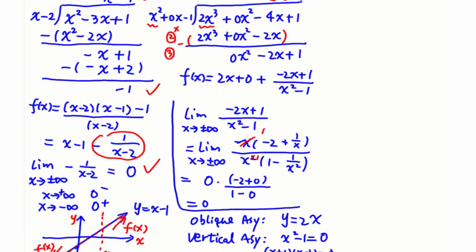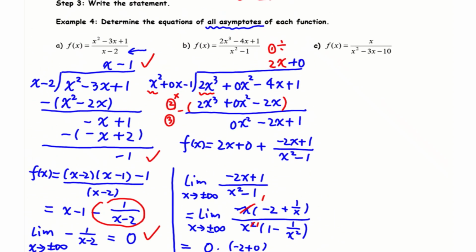Then we are going to see the last one. For the last one, before we do the long division, we look at the degree. The numerator degree is 1, the denominator degree is 2. The numerator degree is less than the denominator degree. Then actually we know there will be a horizontal asymptote, and it will be y equals 0.